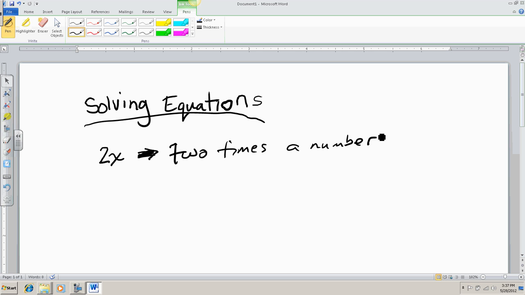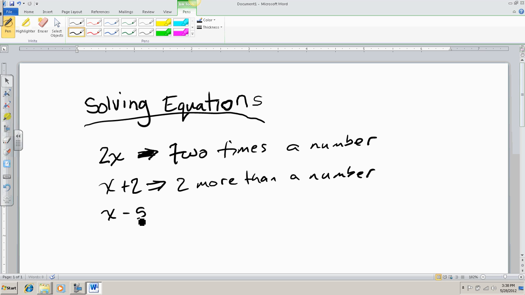Okay, you can remember some of the other ones. This is 2 more than a number. Do you remember this? These are expressions, and the value of x can be anything, and we can evaluate that expression. Let's look at a couple others.